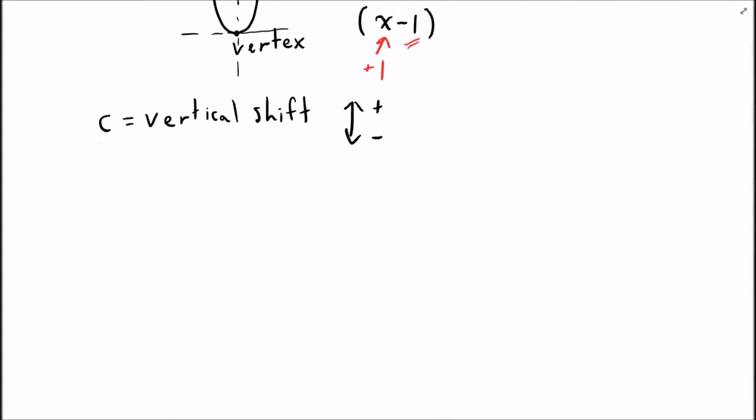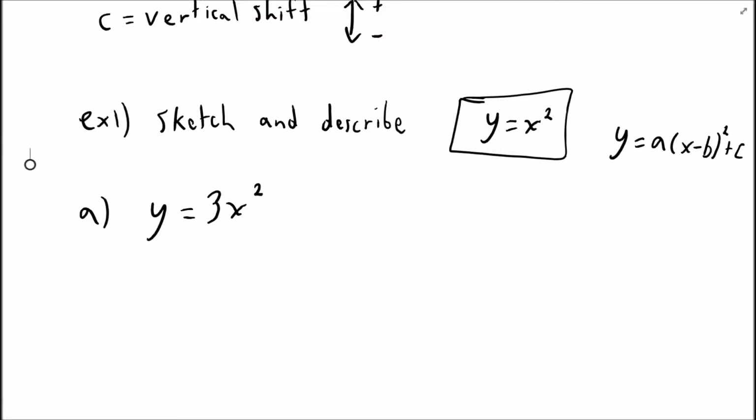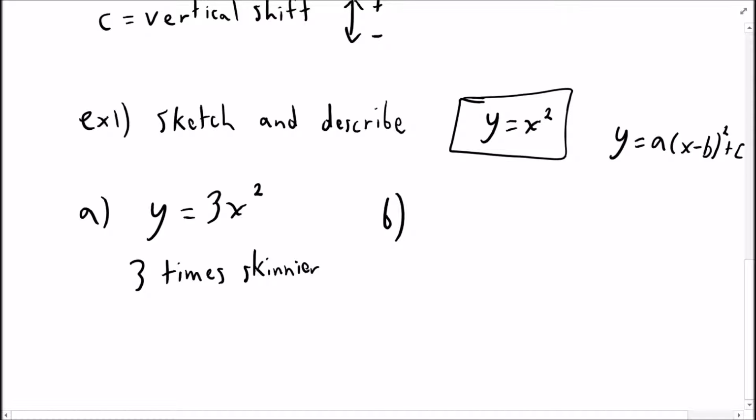Now let's do an example. So we can sketch and describe based on our general parabola y equals x squared and talk about how it's moved. So for our first one, y equals 3x squared. Remember that's a, so that means that it is 3 times skinnier than our standard parabola. Y equals x plus 4 squared.